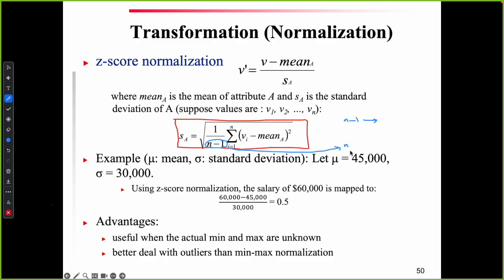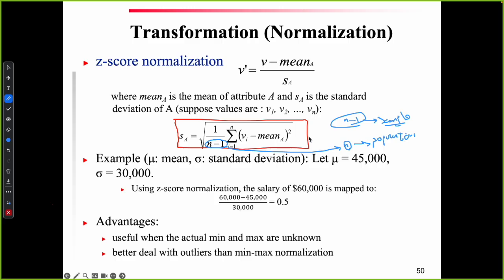If it is divided by n, it means you treat your data as the whole population. Now why use n minus 1 if your data is a sample? Just because we lose 1 degree of freedom for the mean.